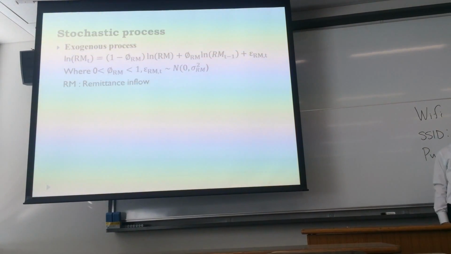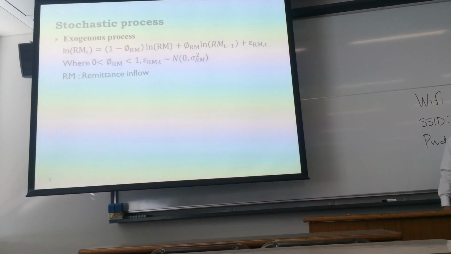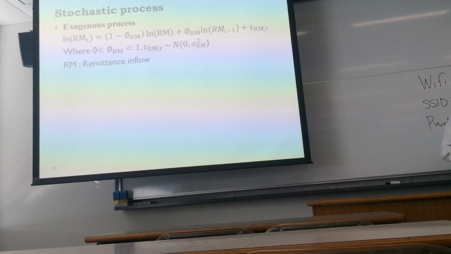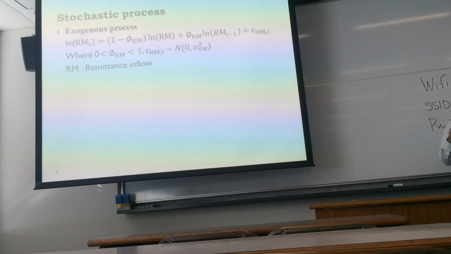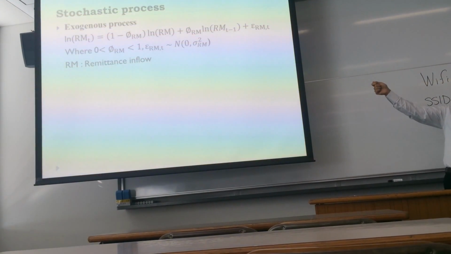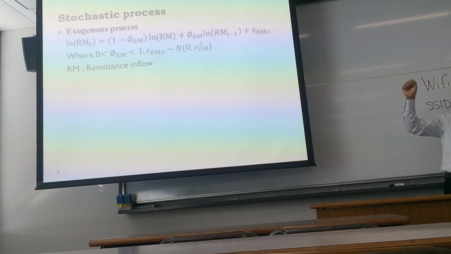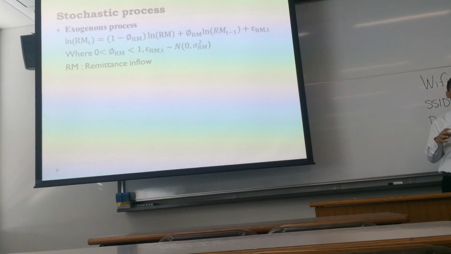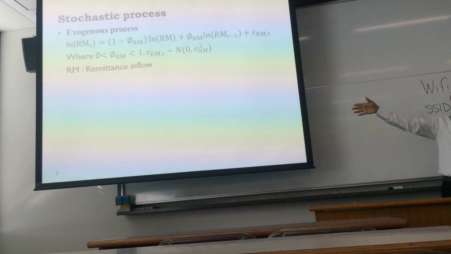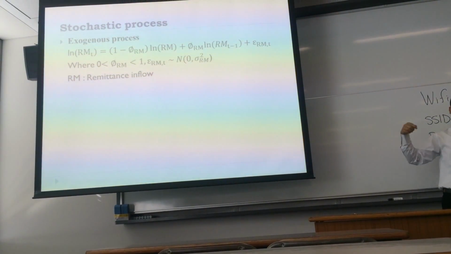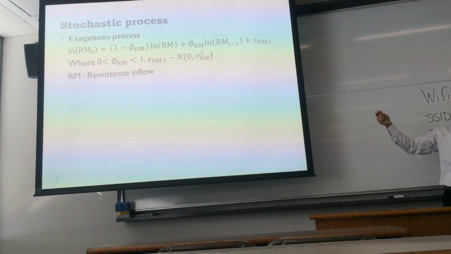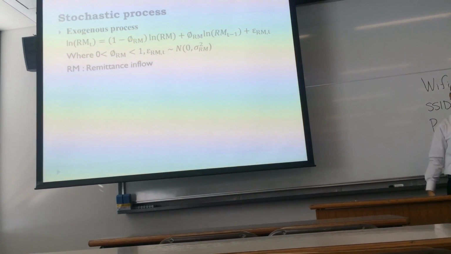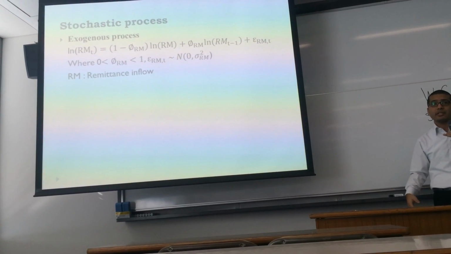The shock follows a normal distribution with mean 0 and some standard deviation. After this, in making the model, I use nonlinear equations, and nonlinear equations are difficult to solve, so I change it to a linear model by choosing log linearization. I have already done that; you can have a look at the appendix if you are interested.